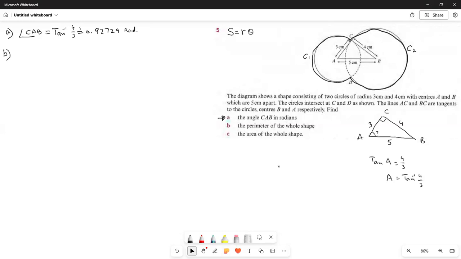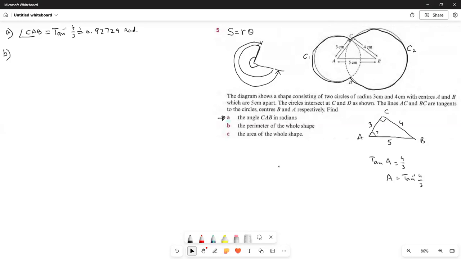So if I have a circle, if I have an arc, for example, and I need to find this distance from here to here, I need to find this angle and this radius.